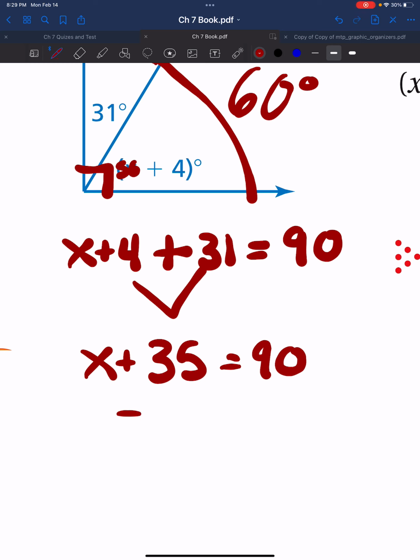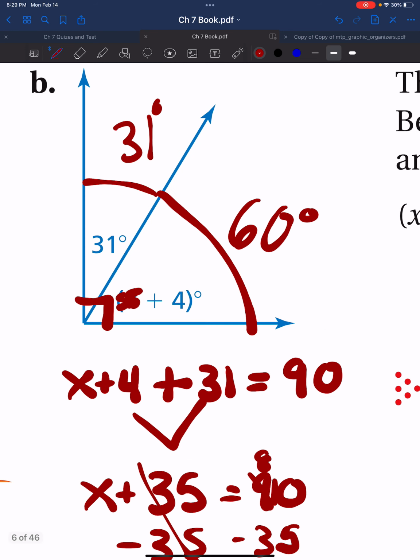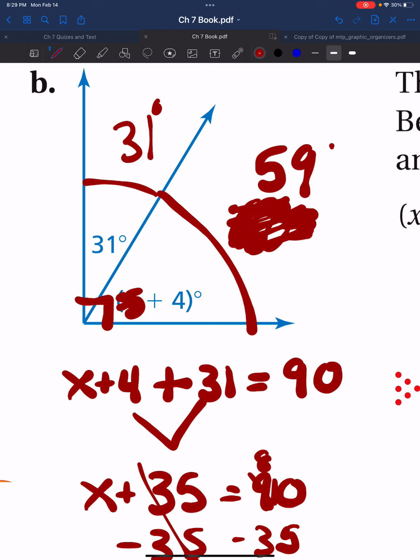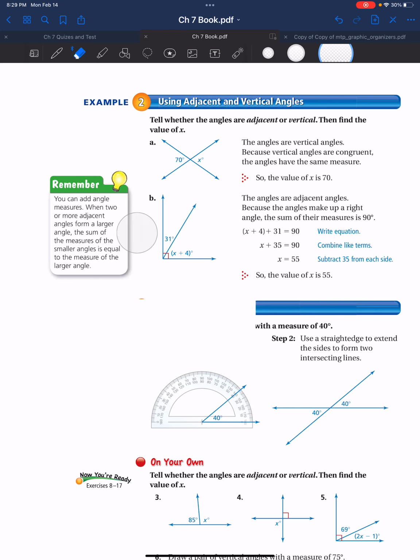All right, now subtract the 35. Much, much better. Okay, now plug in 55 for x. 55 plus 4, that's 59. Now that makes so much more sense because 59 plus 31, now we've got 90 degrees. Oh my goodness. Okay, well that was a great learning opportunity for us, wasn't it?